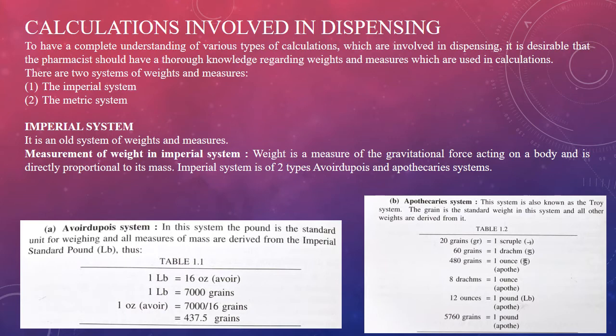Apothecary system. This system is also known as the Troy system. The grain is the standard weight in this system and all other weights are derived from it. For example, 20 grains is equal to 1 scruple, 60 grains is equal to 1 drachm, and so on.